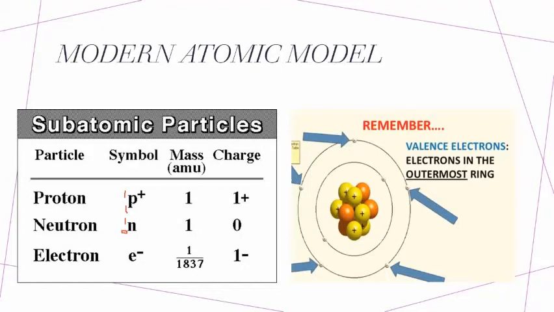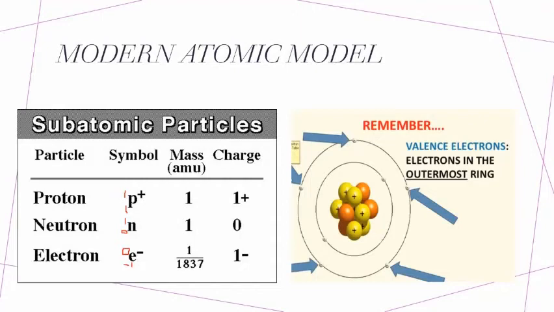Hence its mass is negligible. It is denoted by the symbol e, with a minus sign, 0 on the top and minus 1 at the bottom, and the charge is minus 1.